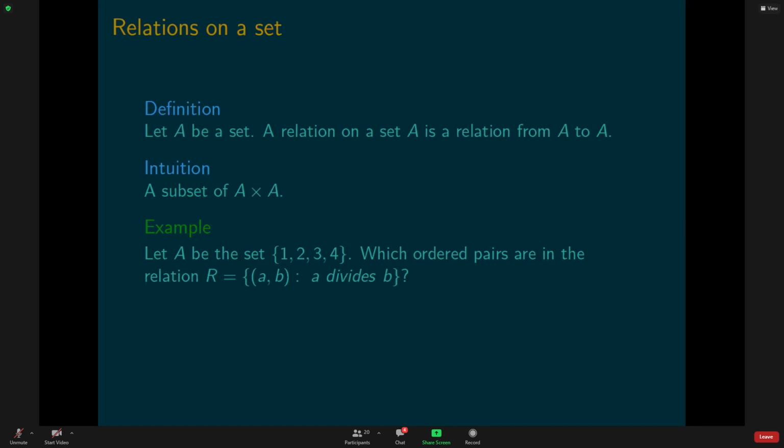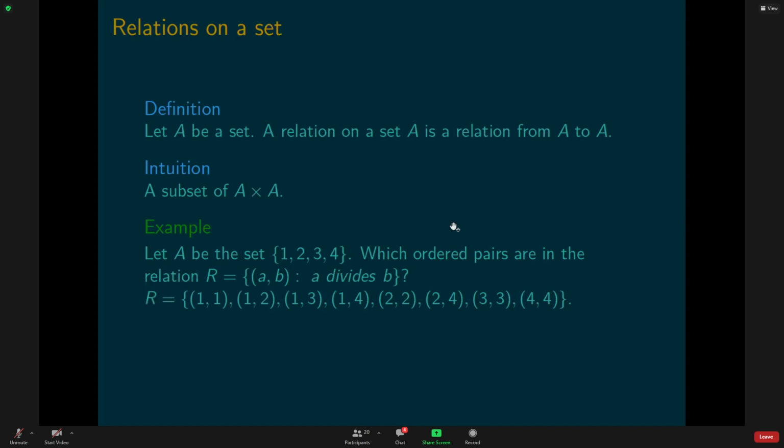So how many pairs do we have? More than one pair. 1 and 1, 1 and 2, 1 and 3, and 1 and 4. And also 2 and 4. Exactly. So this is the divides relation in this set.